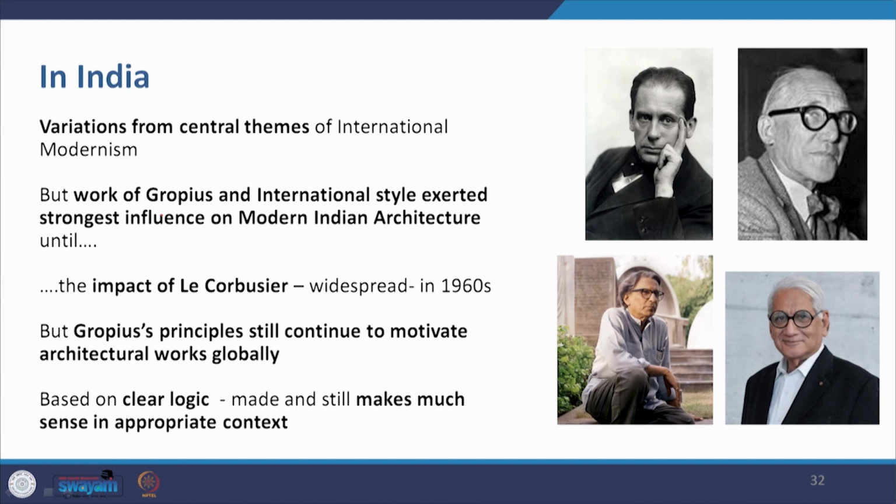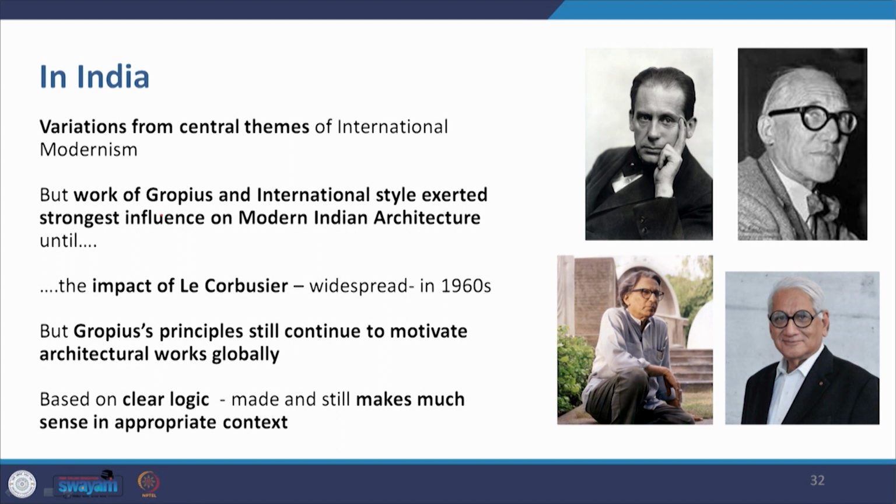Now, in India, there were the variations of the central theme of international modernism, but works of Gropius and international style exerted a very strong influence on modern Indian architecture until the impact of Le Corbusier became widespread in the 1960s.